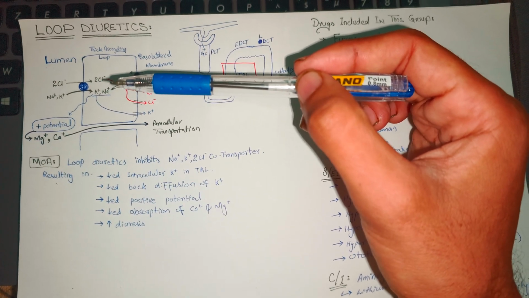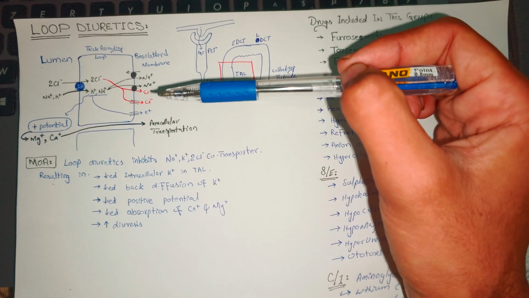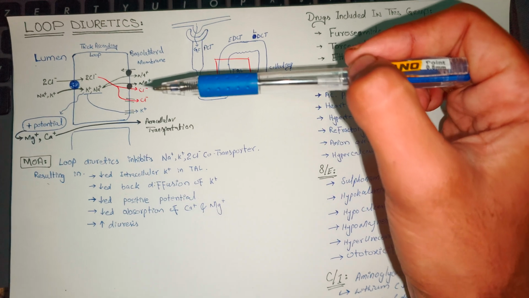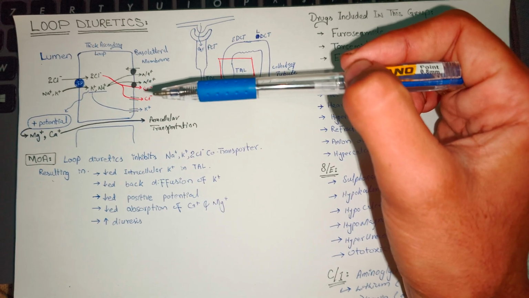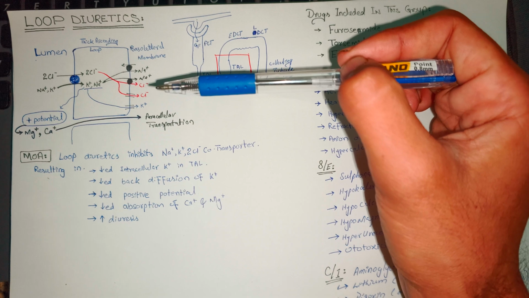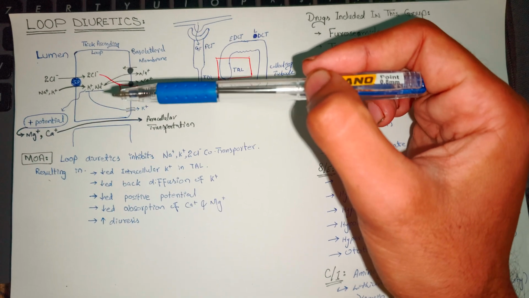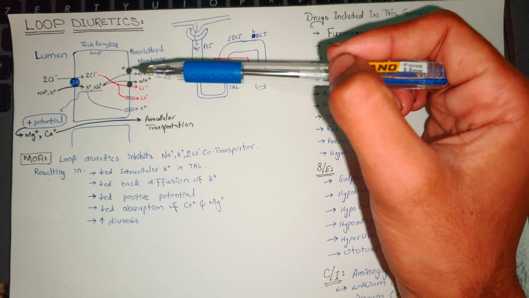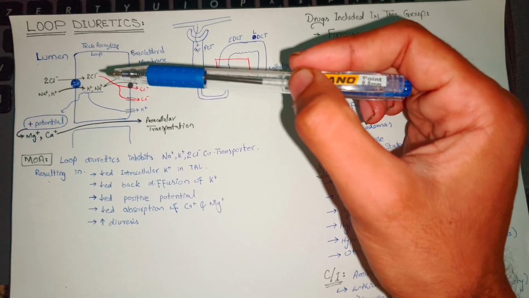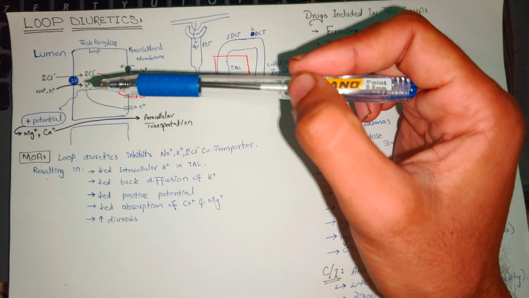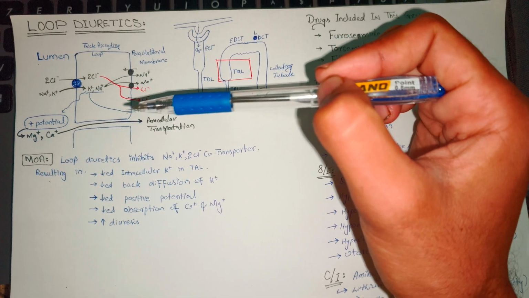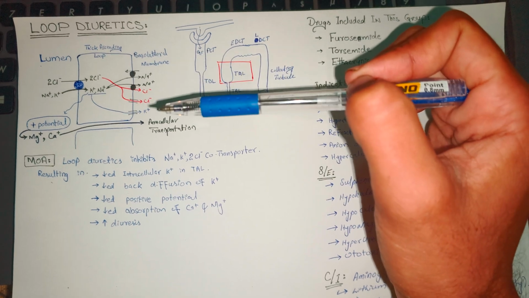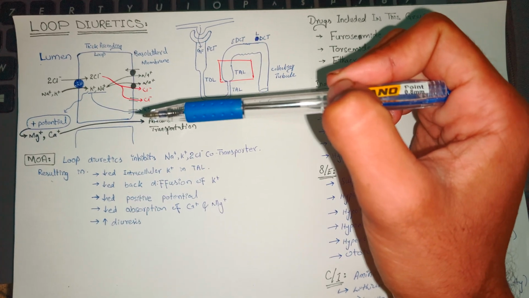This chloride will move, and this sodium will move into the basolateral surface by the sodium chloride co-transporter, and a part of sodium will also move through the sodium potassium ATPase channel into the cell, and this potassium will also have another area from where it will move to the basolateral membrane, the potassium leaky channel.